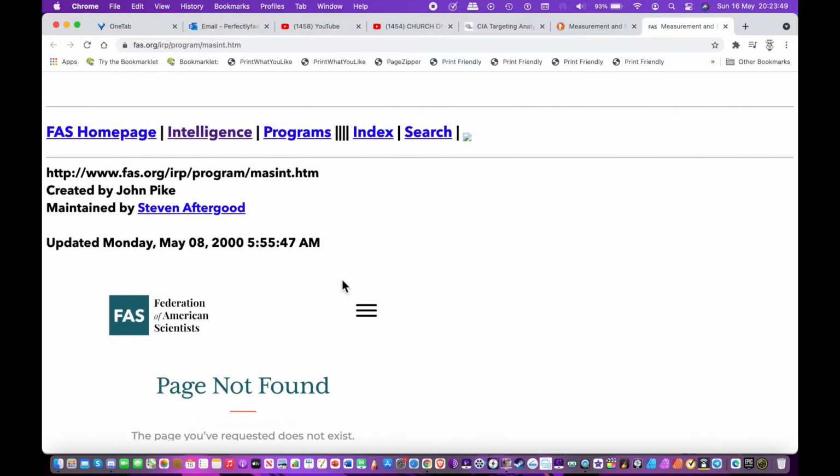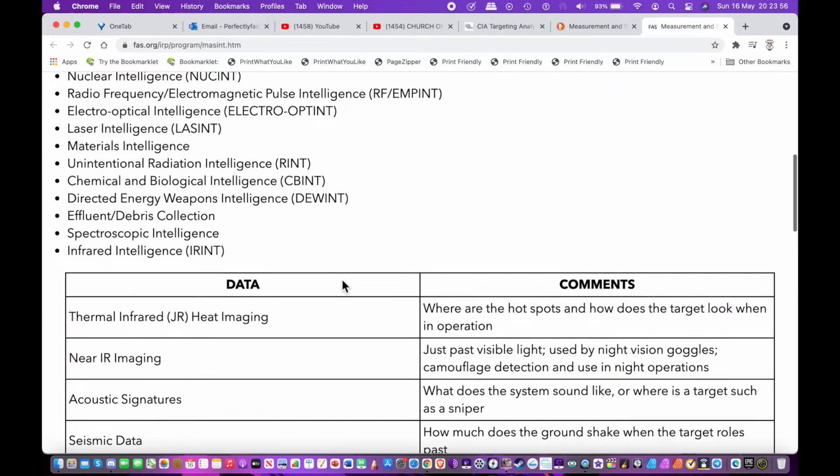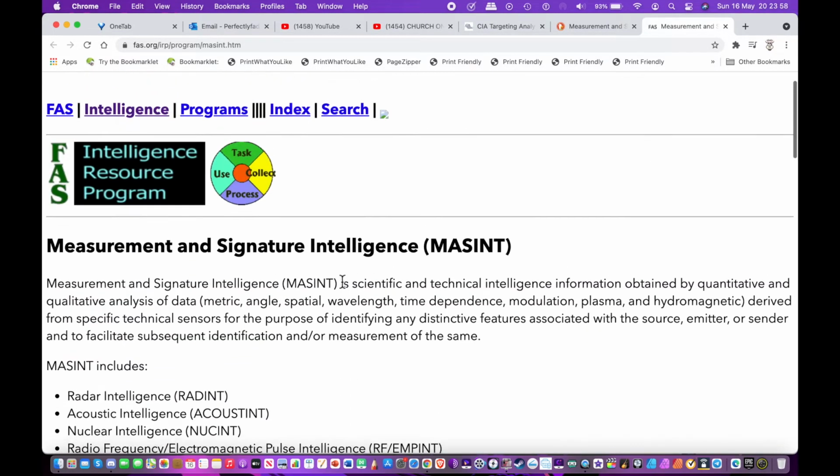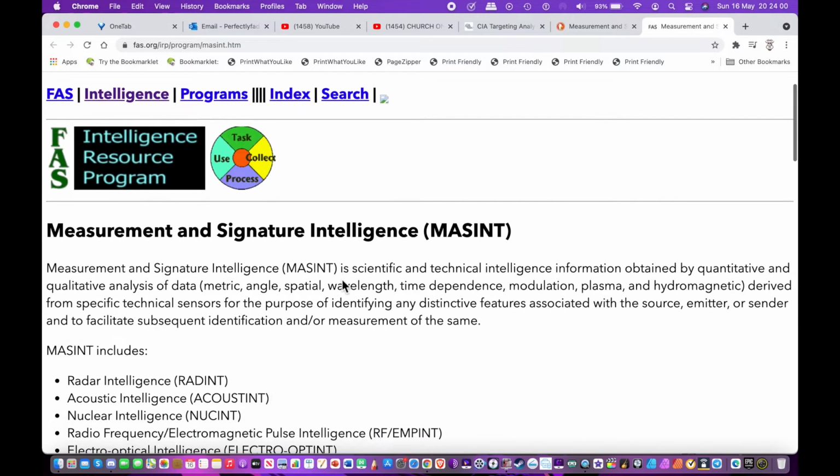FAS is Federation of American Scientists, and we'll see if this makes sense.